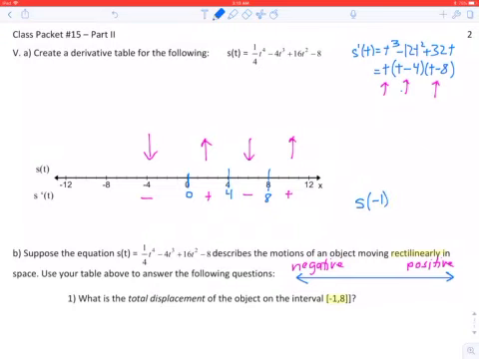At t equals negative 1, if you plug in that negative 1, you'll get a 1/4 plus 4 plus 16 minus 8. So that's going to be 12 and a 4th. 12.25 should be the starting position. So let's say that's here. That's 12.25.